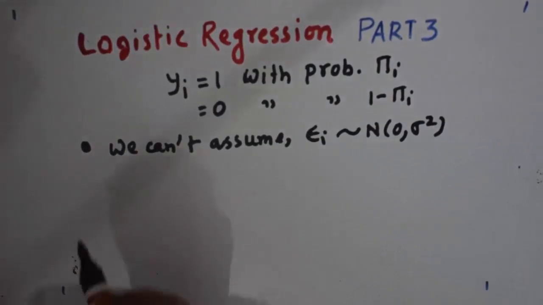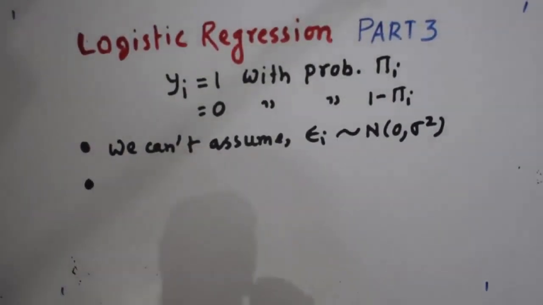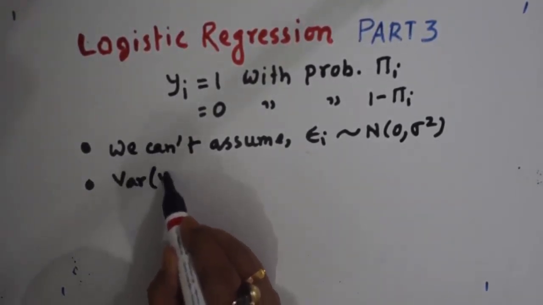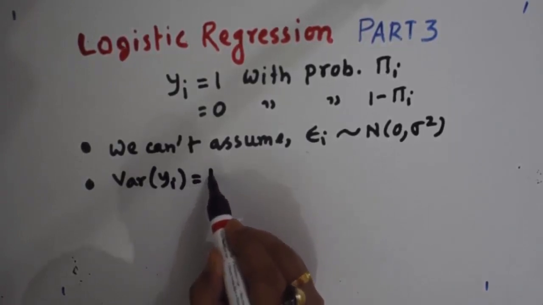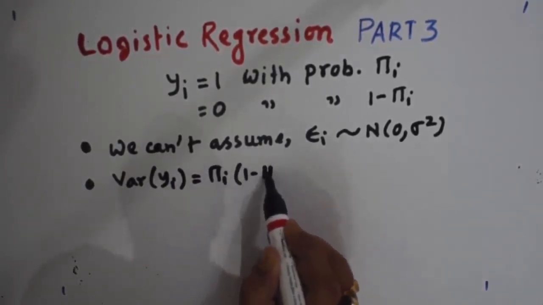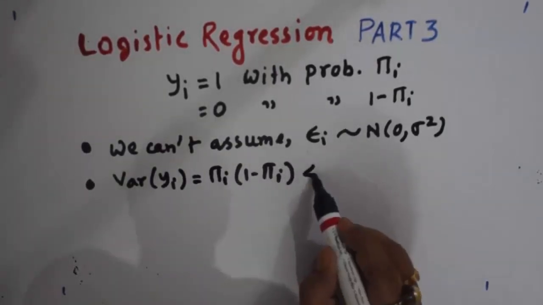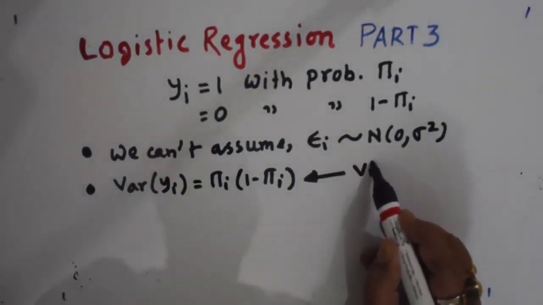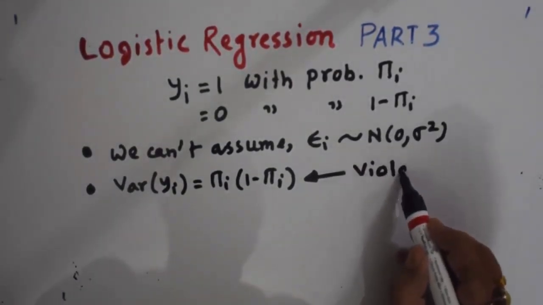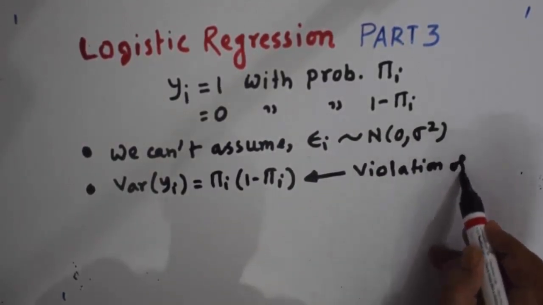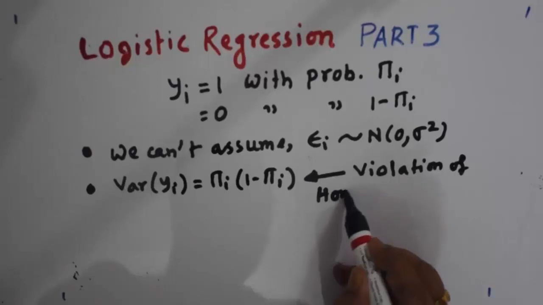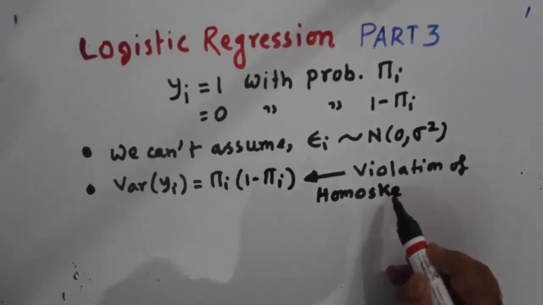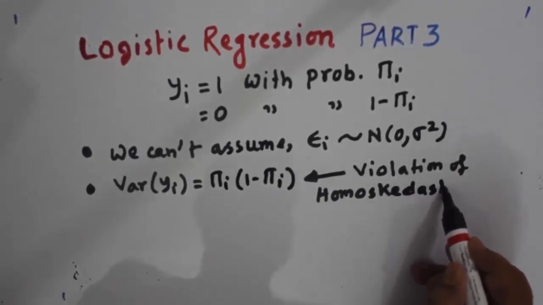Next thing we observed, variance of yi equals pi i times 1 minus pi i. So this is a violation of the homoscedastic assumption.